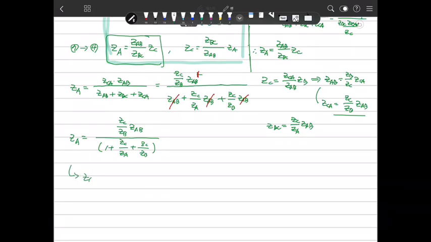Therefore, from here, we can calculate GAB is GC, GB and GA times 1 plus GAGC plus GBGC.